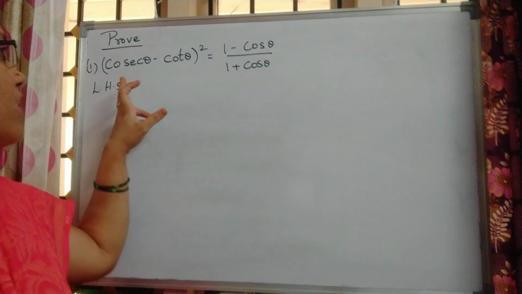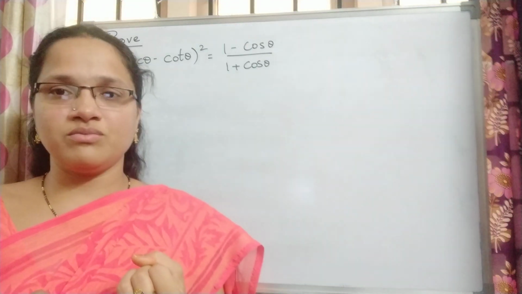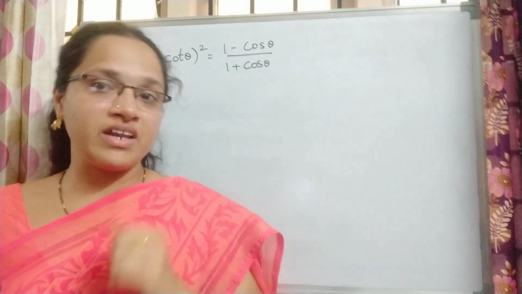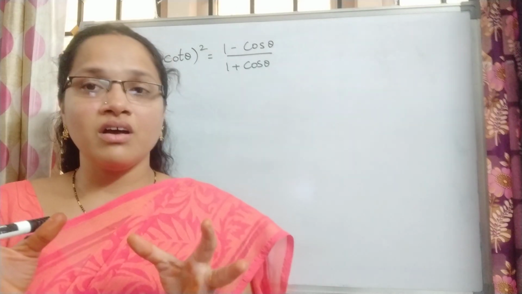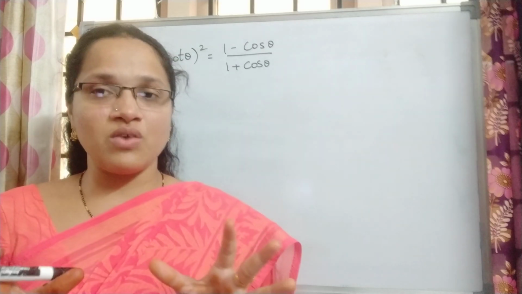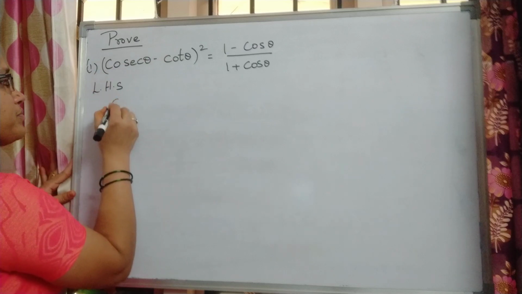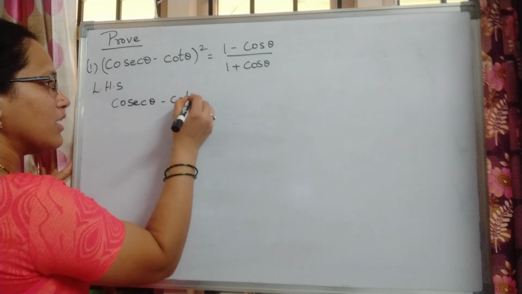Yes. We can write the reciprocal: cosec as 1 by sine, and we can write cot as cos by sine. So there we are getting one cos. Yes, so let us try in that way. You should have that understanding, that analyzing, when you start the sum. Okay, so we are taking the left hand side, (cosec theta minus cot theta) whole square.